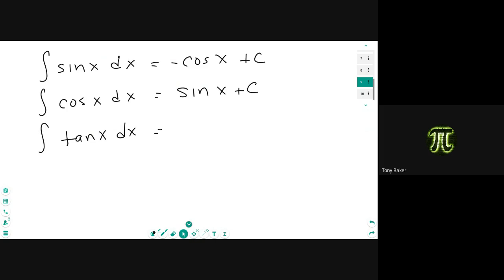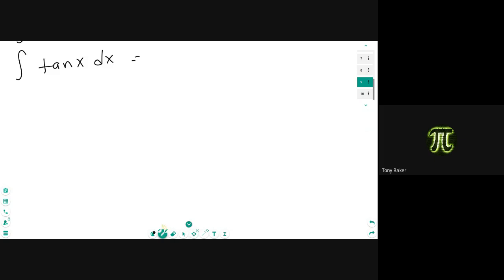If I change this to sine x over cosine x, what do you want to make your u?